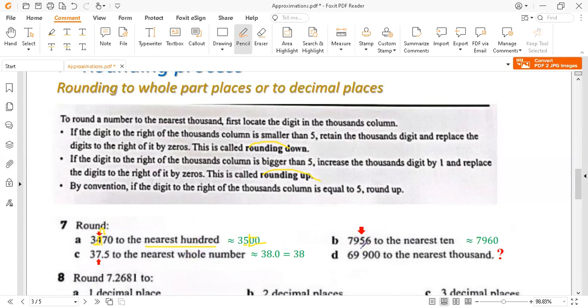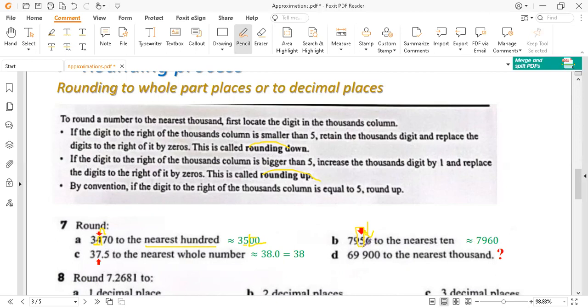Moving to the next one, the nearest 10. First of all, we indicate the number, the nearest 10. So the 10 is 5. So we compare the digit directly located to the right of 5, which is 6. 6 is greater or equal to 5.